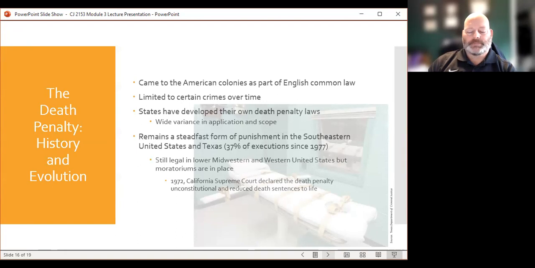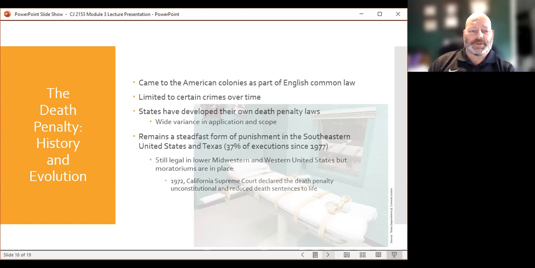The death penalty remains pretty steadfast in the southeastern part of the United States and in Texas, which has accounted for 37% of all executions in the United States since 1977.